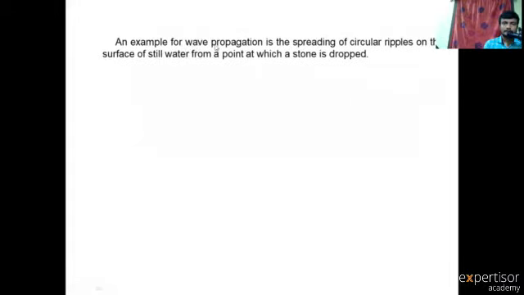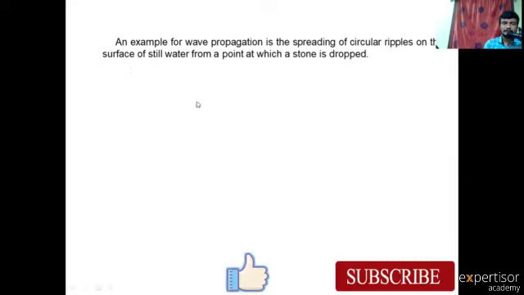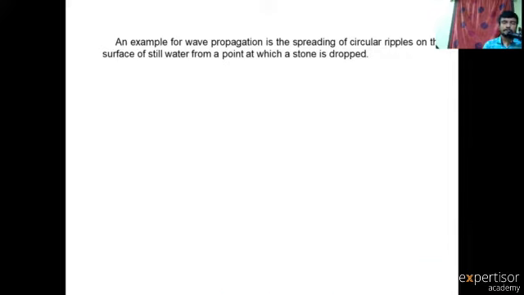An example of wave propagation is the spreading of circular ripples on the surface of still water from a point at which a stone is dropped.